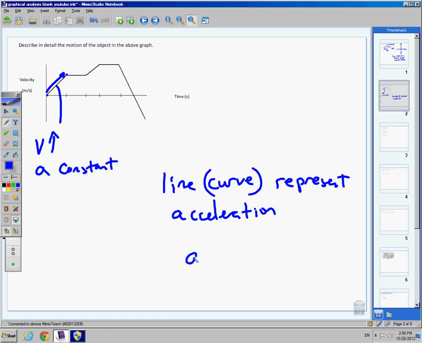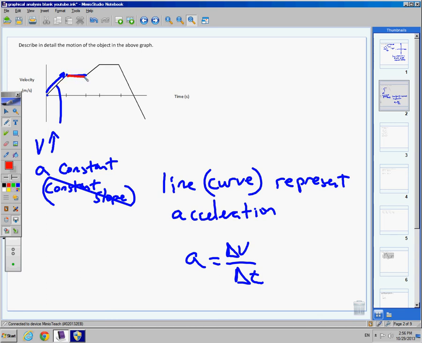Remember, a equals delta v over delta t. This is a velocity versus time graph, so it gives us the acceleration. So a constant slope, and I'll write this underneath here, gives us a constant acceleration. Sorry about that. All right, now we have a flat line.